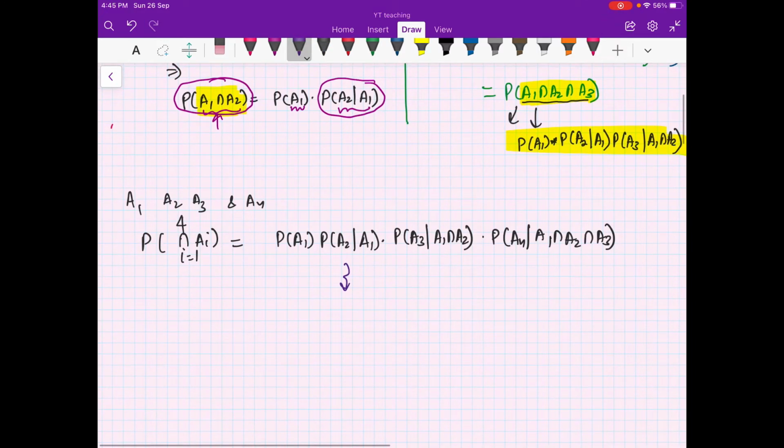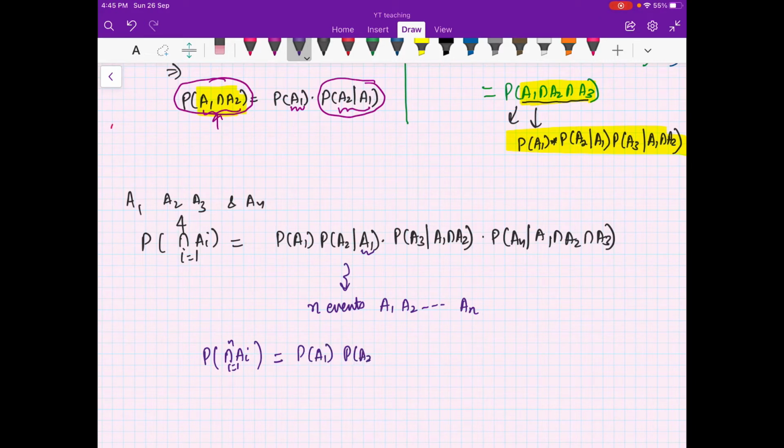If we have n events A1, A2, up to An, and we assume all the events have positive probabilities, so we don't worry about the denominator being 0, then the probability of the intersection of those events will be equal to the probability of A1, then the probability of A2 given A1, then the probability of A3 given A1 intersection A2, and so on, up to the probability of An given A1 intersection A2 up to A(n minus 1).